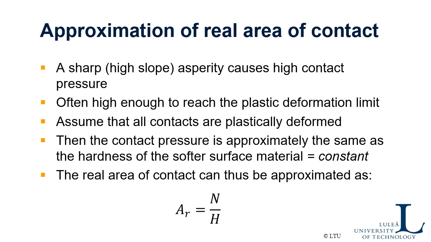So that means that you can compute the real area of contact by simply assuming that the normal load is the real area of contact multiplied by the H, or the real area of contact is the normal load divided by the hardness.